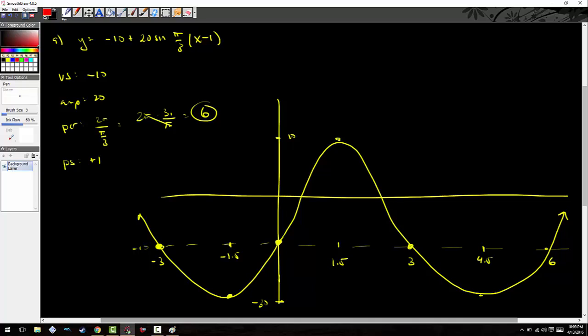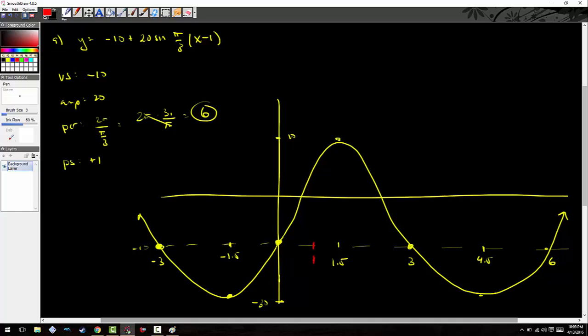Here we go. Let's do this next one in red. So it looks like here I'm being phase shifted to the right by 1. So I'm going to have to create some new points. For the distance between 0 and 1.5, I want to create a distance of 1, so I'm going to go about 2/3 of the way. So I'm going to go to here, and this becomes 1.